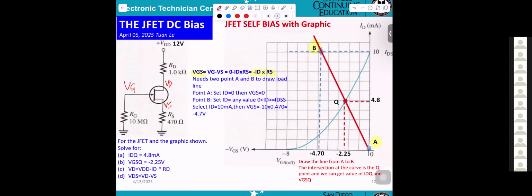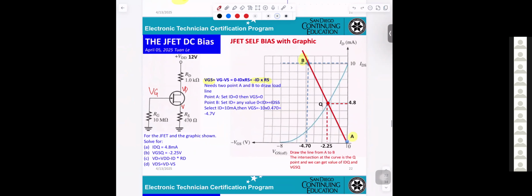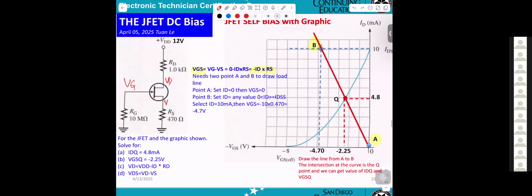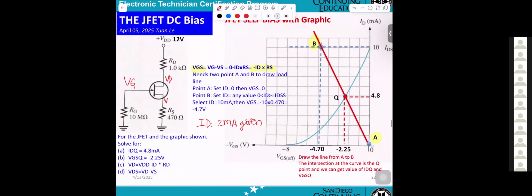They say, okay, I give ID. So that means they gave you the current flow here, ID.